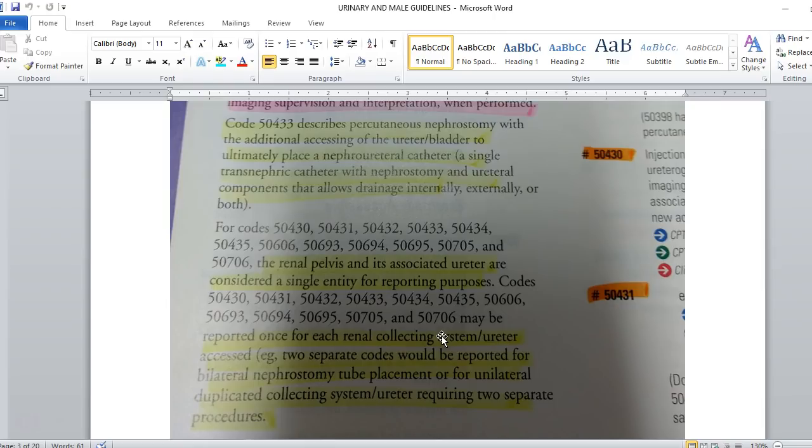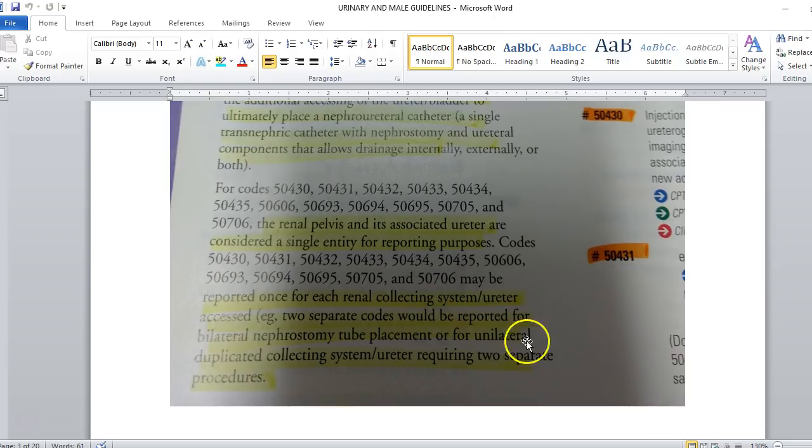And so again, what they're telling us is that the renal pelvis, remember, is the inside of the kidney itself. That's where the urine is collecting in those calyces in the renal pelvis. So they're telling us that the renal pelvis and the ureter itself are considered one entity for these codes, okay? And that's because a lot of this is imaging.